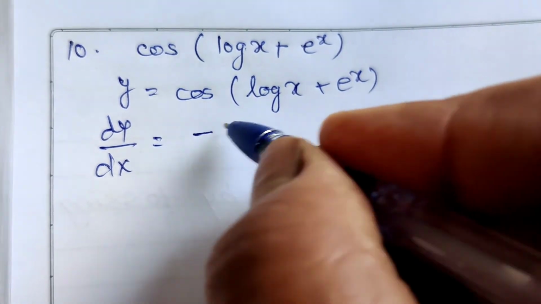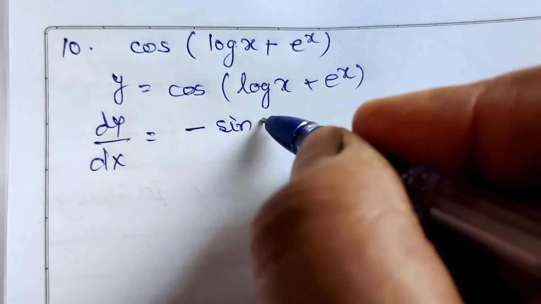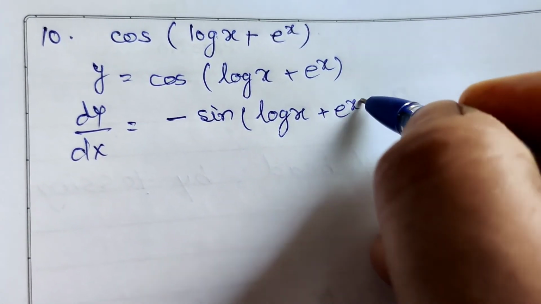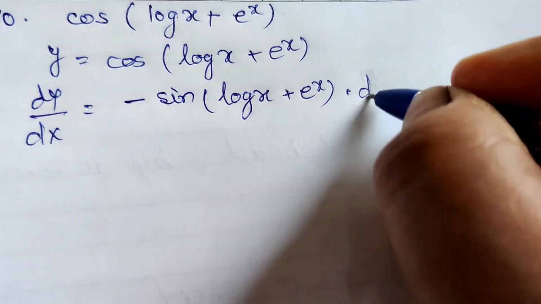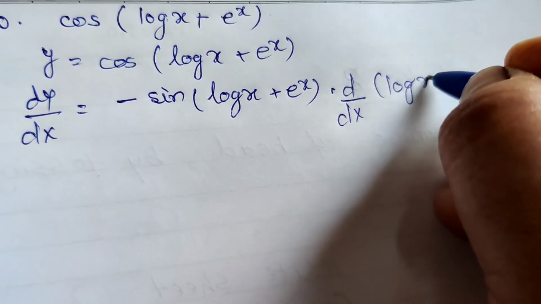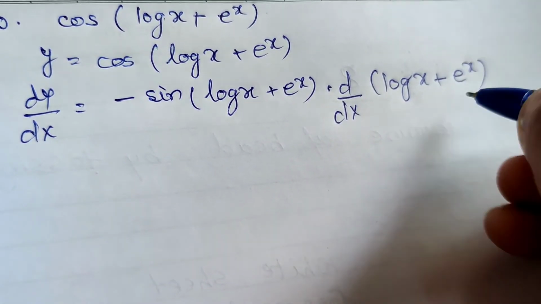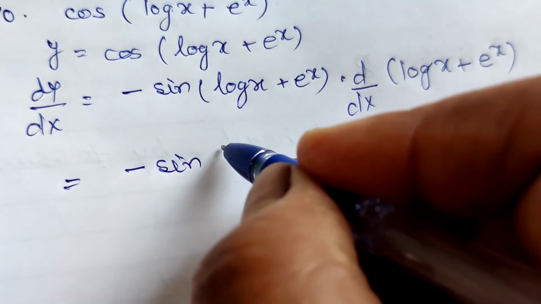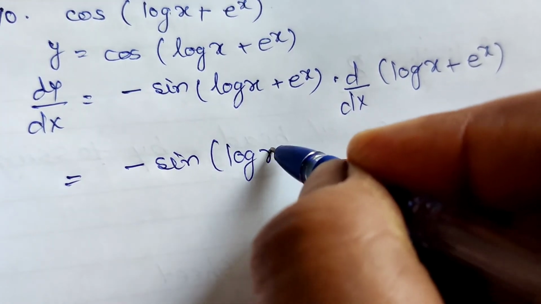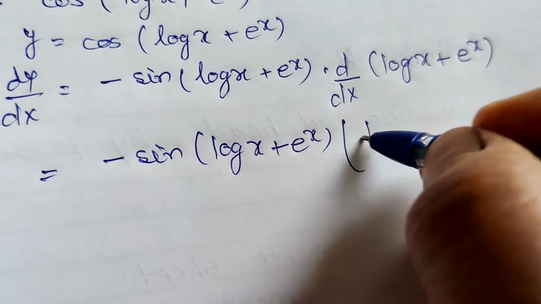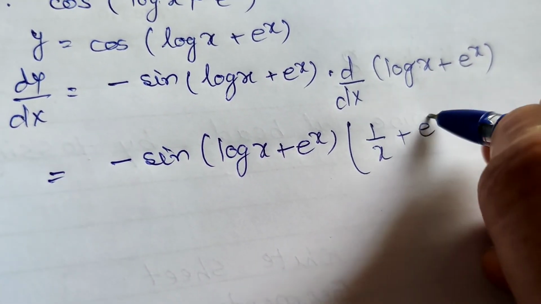The differentiation of cos x is minus sin x, so sin of log x plus e raised to power x, and d over dx of log x plus e raised to power x. Minus sin of log x plus e raised to power x, and differentiation of log x equal to 1 by x and e raised to power x.